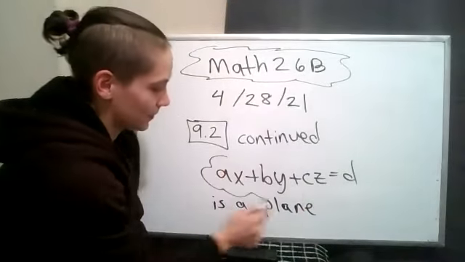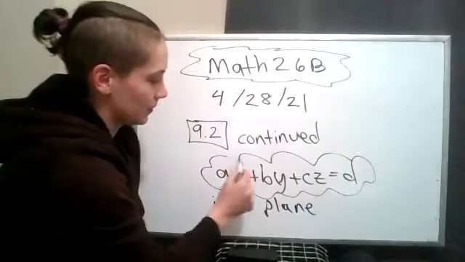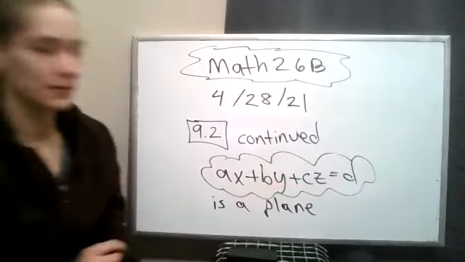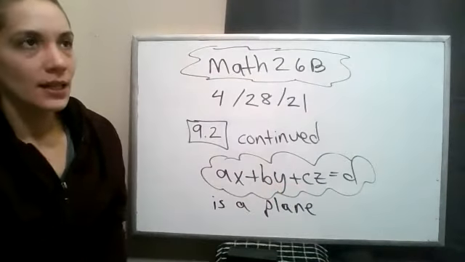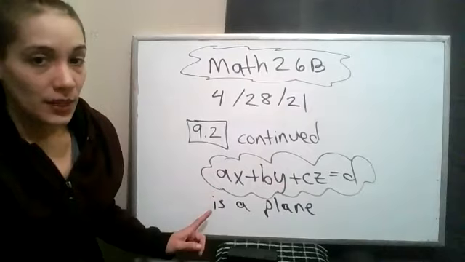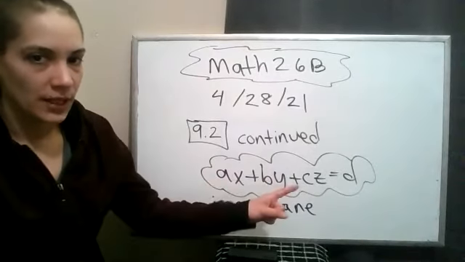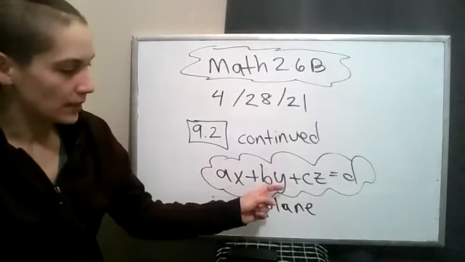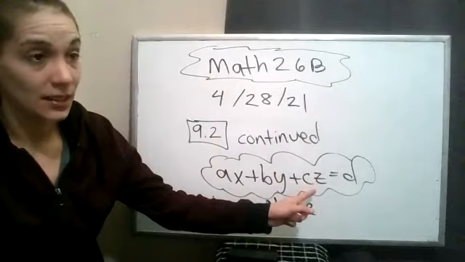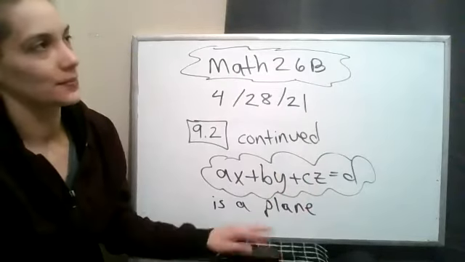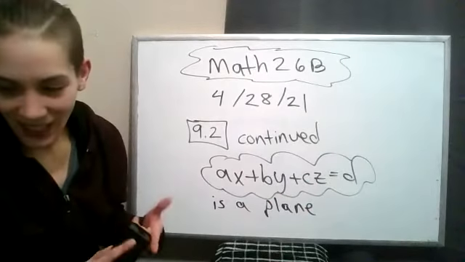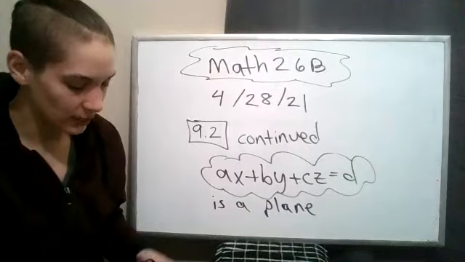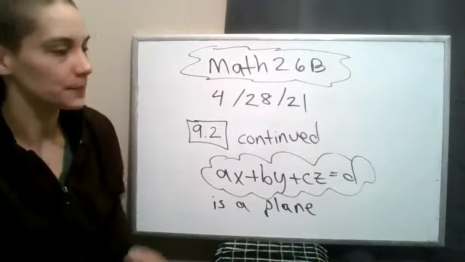And we're in 3D, so you can have at most 3 intercepts: an x-intercept, a y-intercept, or z-intercept. For the x-intercept, you put y equal to 0 and z equal to 0.